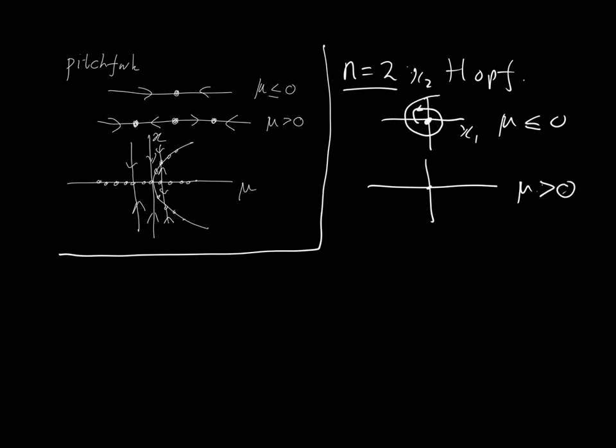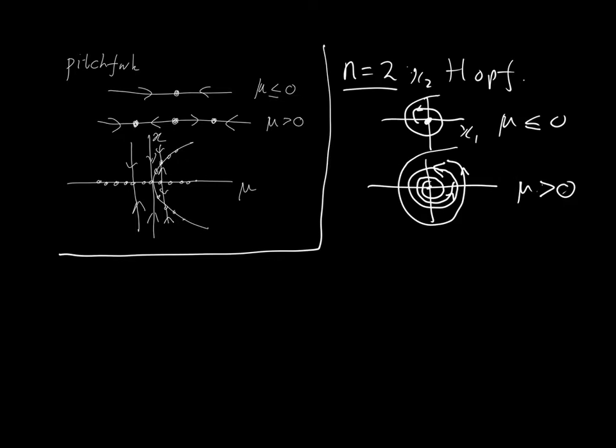When mu is bigger than 0, what's happened is that bifurcated out of this is a periodic orbit. The 0 solution has become unstable, and the orbits inside here are attracted to the periodic orbit, and the periodic orbit is attracting from the outside also.